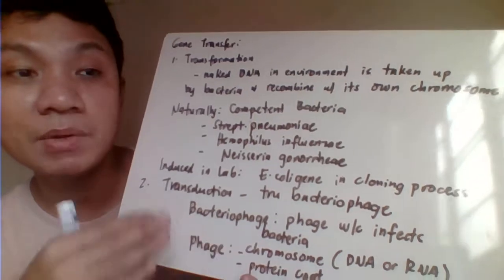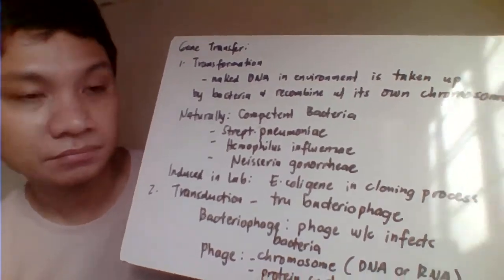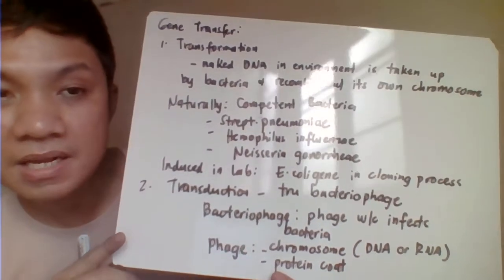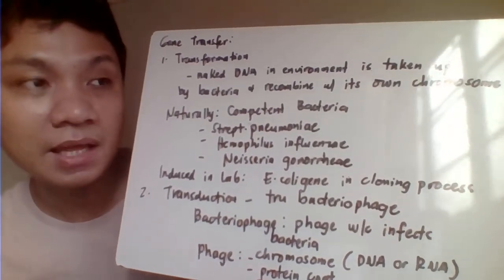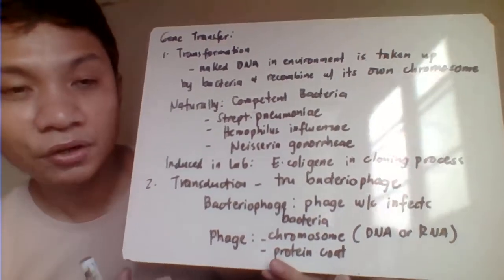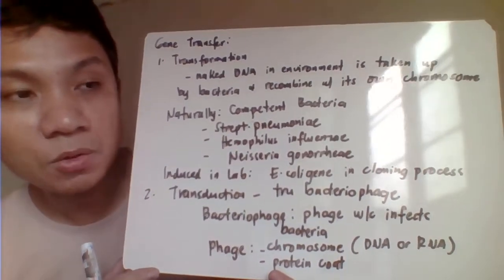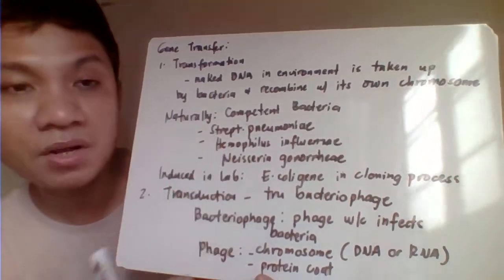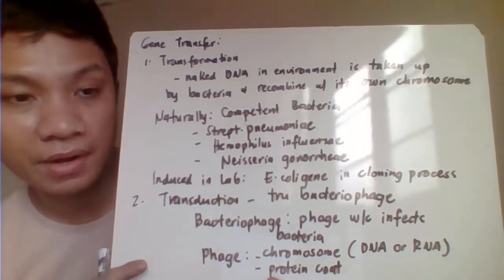There are only a few bacteria capable of taking up DNA from the environment in a natural process. You call those competent bacteria. That includes Streptococcus pneumoniae, Haemophilus influenzae, and Neisseria gonorrhoeae.